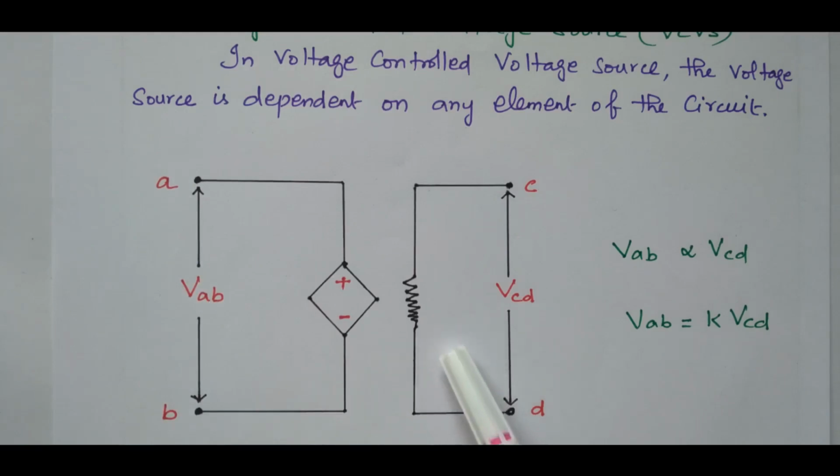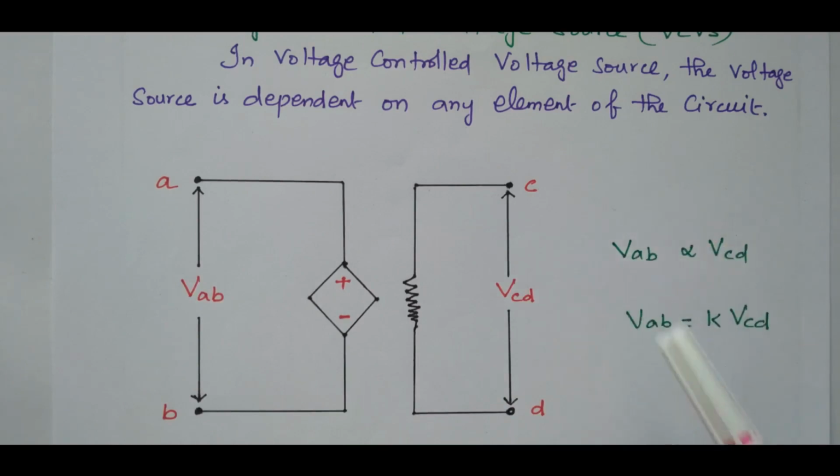In another part we have one resistor, terminal CD. The voltage is VCD. So this is a voltage controlled voltage source. This voltage will control the supply voltage. That is, VAB is proportional to VCD.